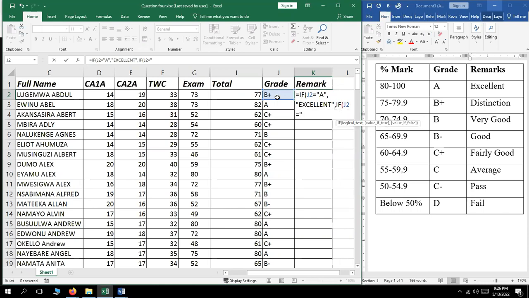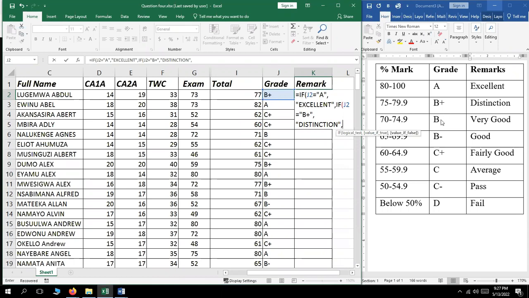We close the quotes and put a comma. What's our output? We open the quotes and type distinction, close the quotes, put a comma.